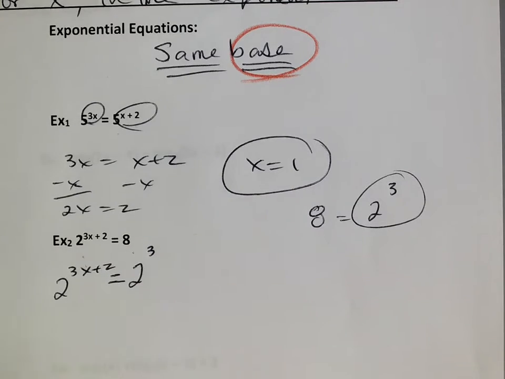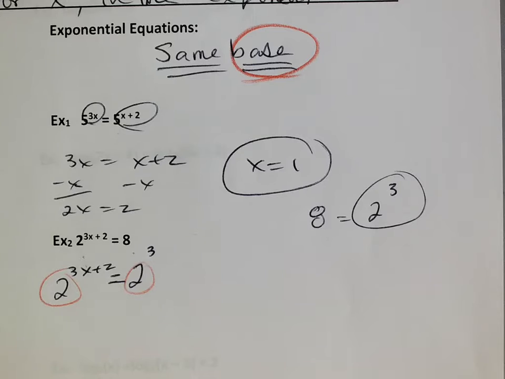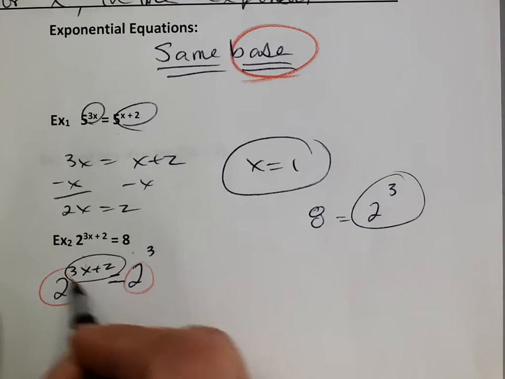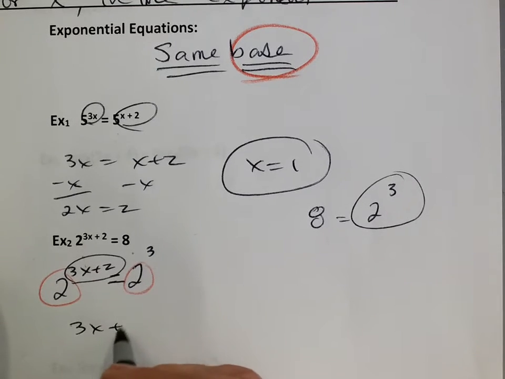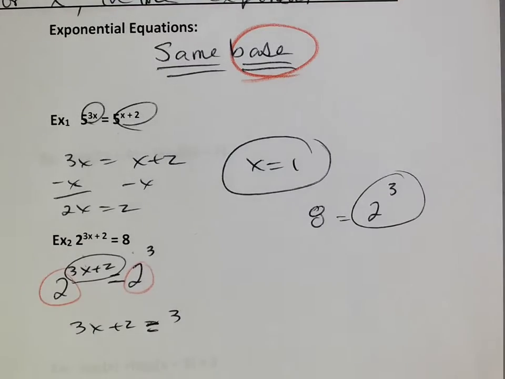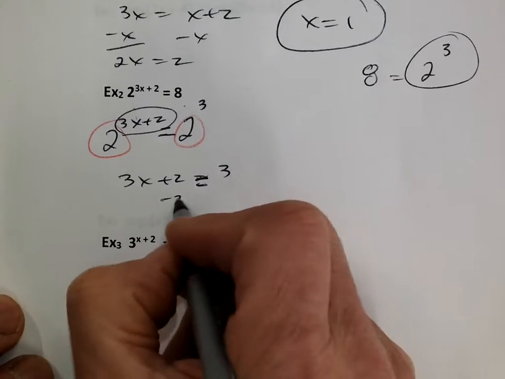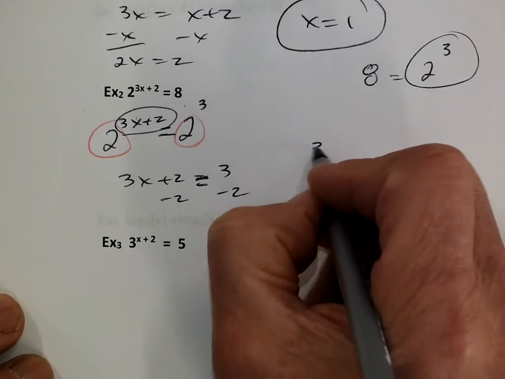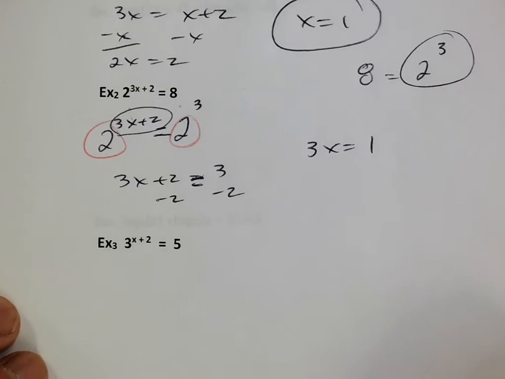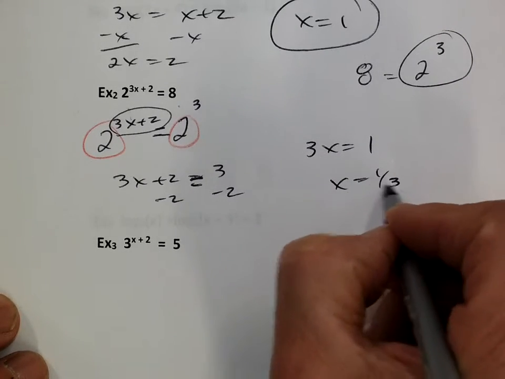Once I make them the same base, all I'm doing is solving for 3x plus 2 equals 3. So I go minus 2, I've got 3x equals 1, divide by 3, and I get x equals 1/3.